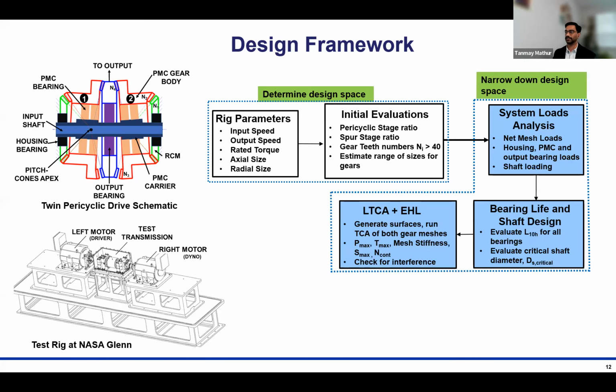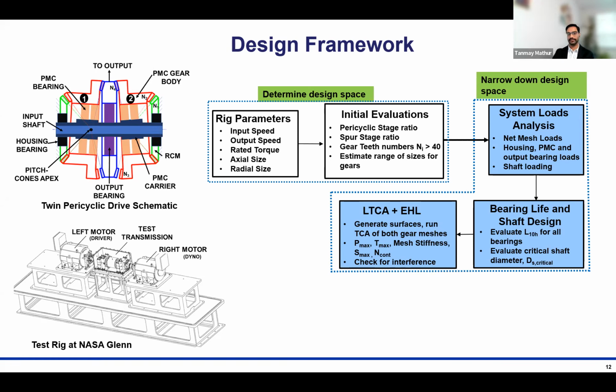Next, we narrow down this design space through a series of modules, starting with looking at how the load flows through the mechanism and what is the load taken up at each joint in this mechanism.